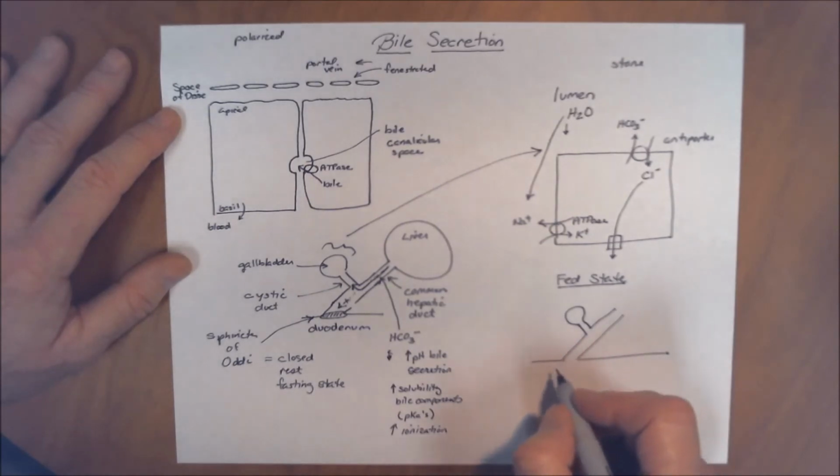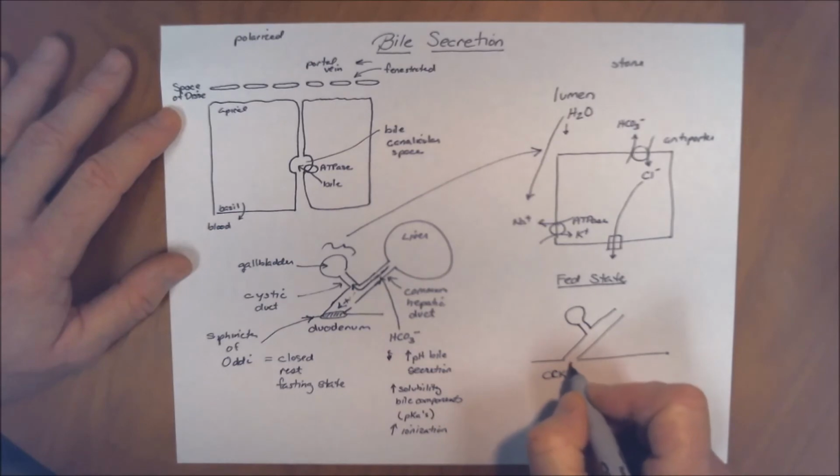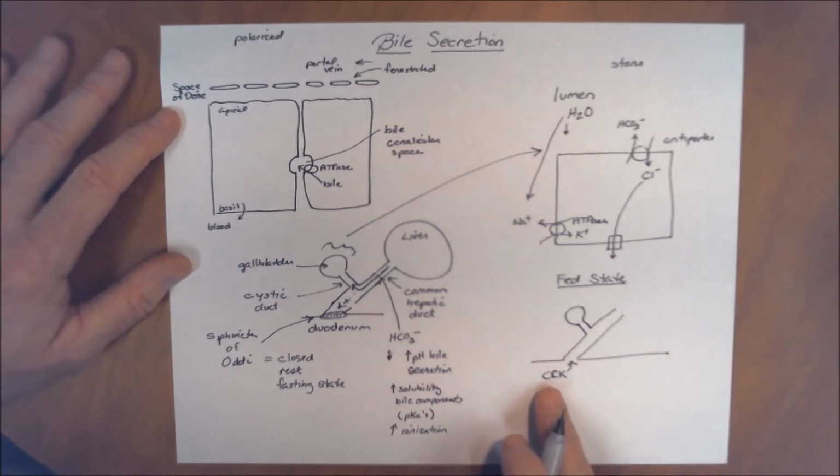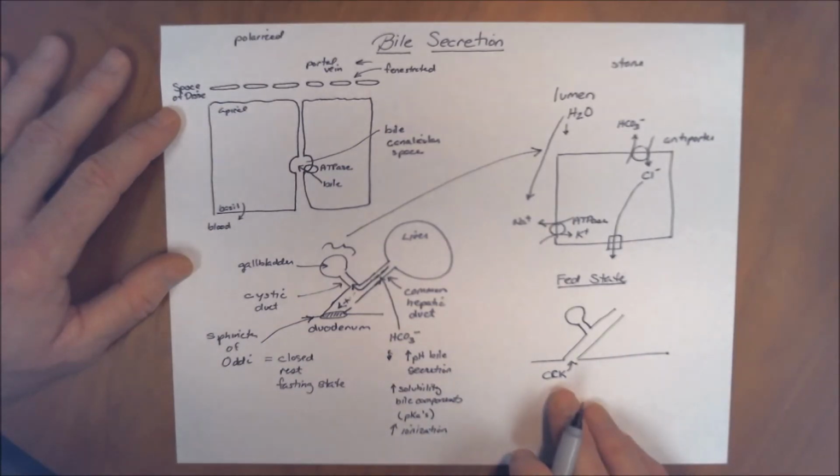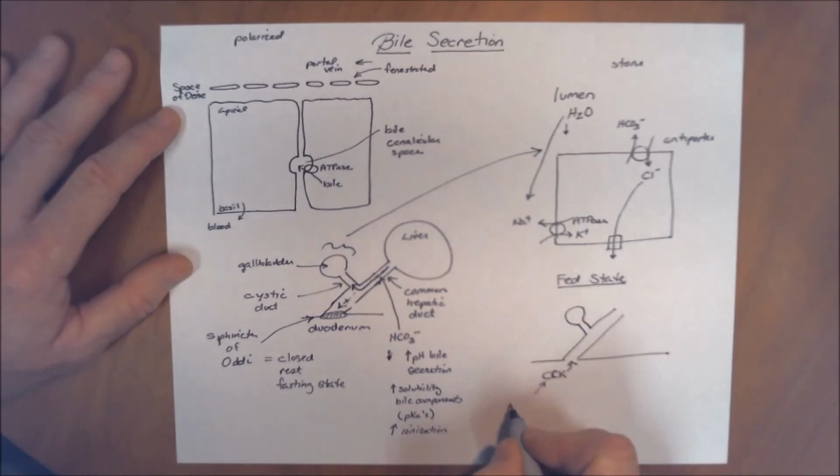And now we are going to rely on the hormone called CCK, cholecystokinin. So cholecystokinin is secreted during digestion. We saw this in the intestinal and pancreatic secretions, that the cells that are responding to fats and amino acids are the enteroendocrine cells, and they are secreting CCK in response to food, to lipids and amino acids.